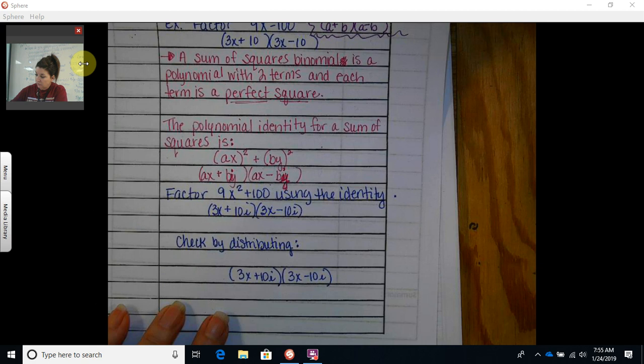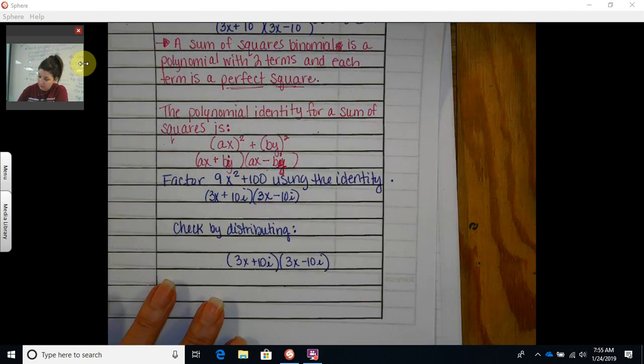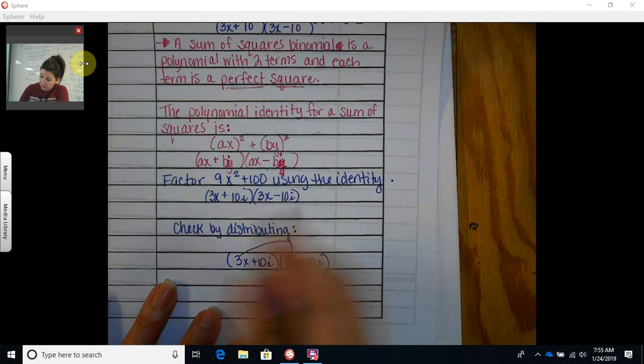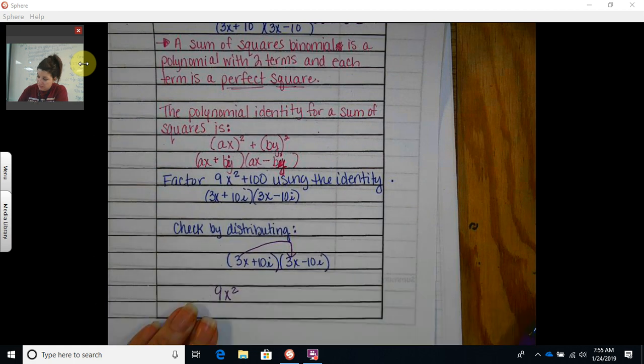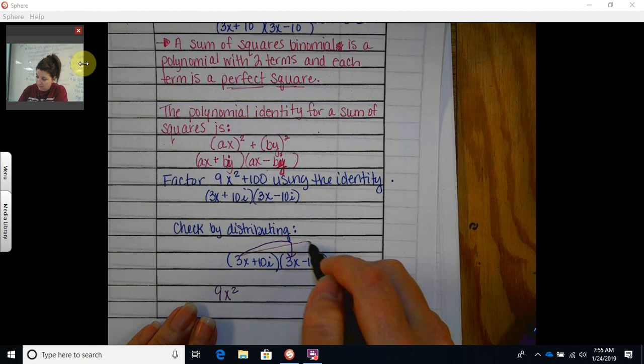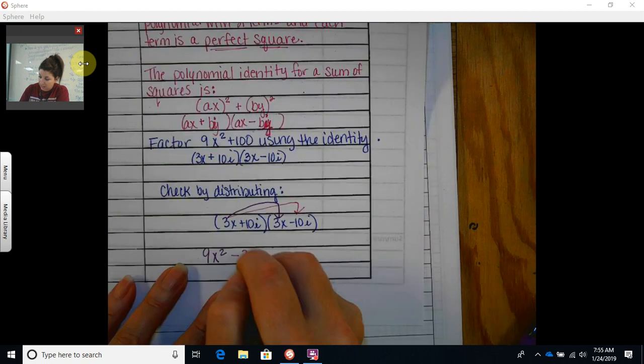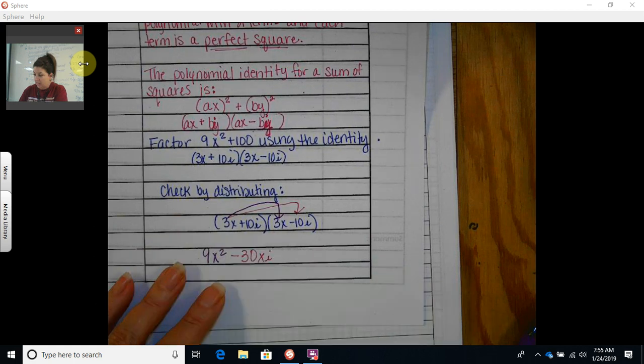All right, what's 3x times 3x? 9x squared. What is 3x times negative 10i? Negative 30xi, right? Because I have a 3x and a negative 10i.